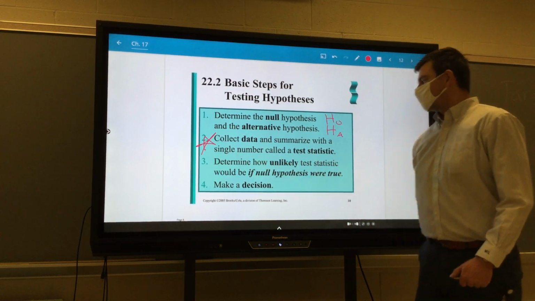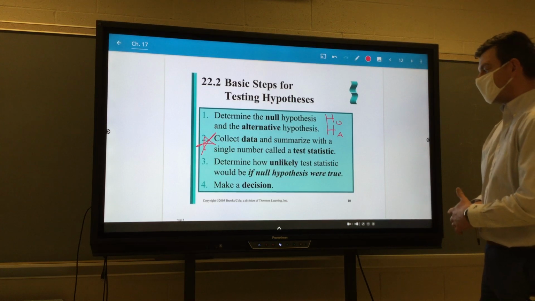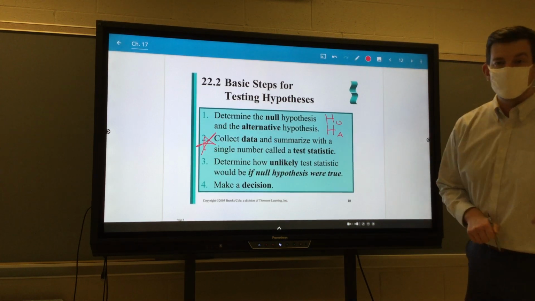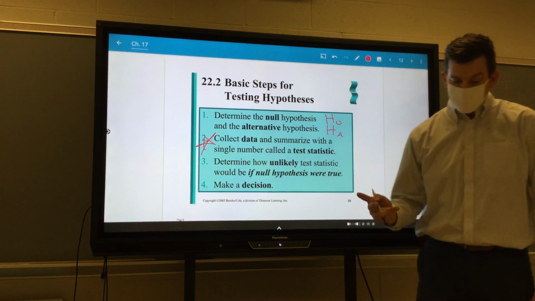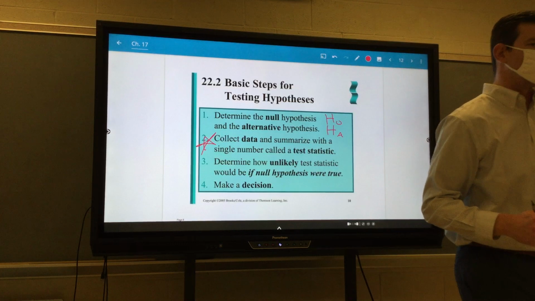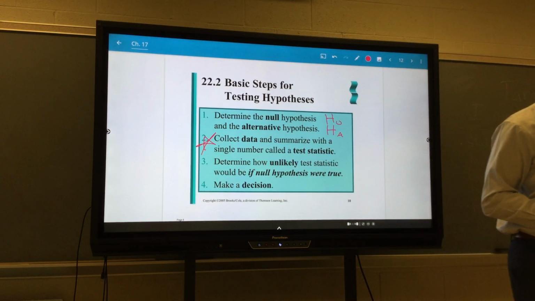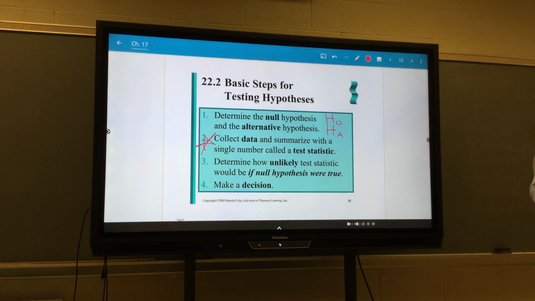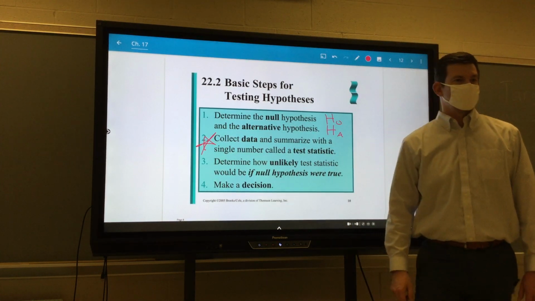Step 3, determine how unlikely it would be to get that test statistic if that null hypothesis is true. This is what's accepted as the status quo. It's accepted as the norm, but you feel you have evidence to throw it out and reject it. And then lastly, make a decision.